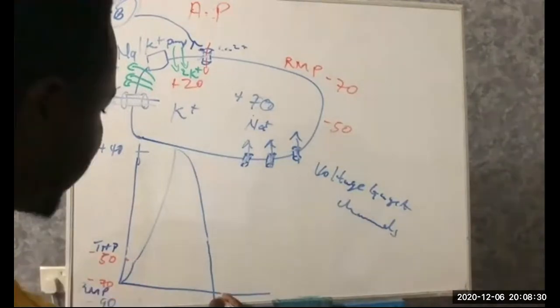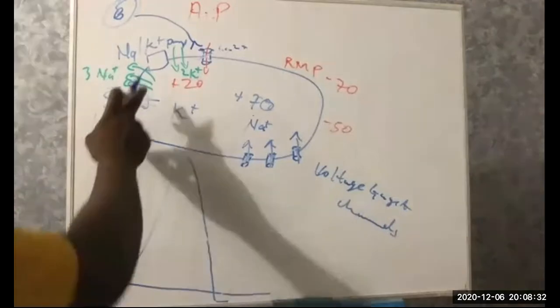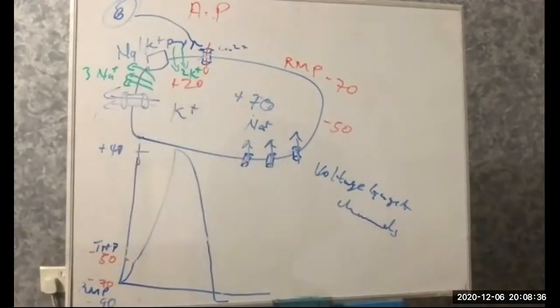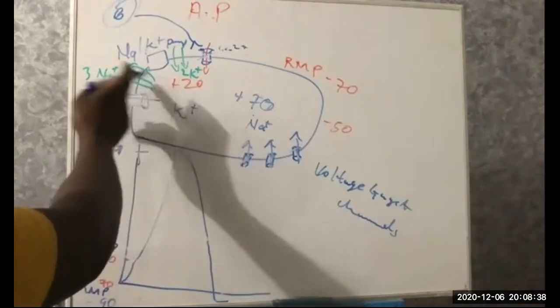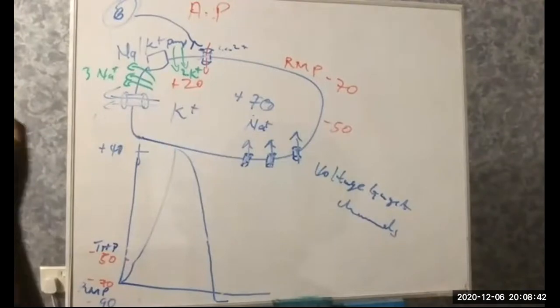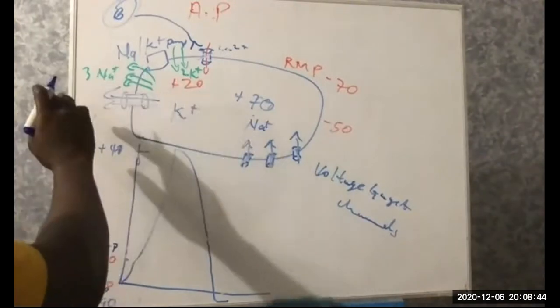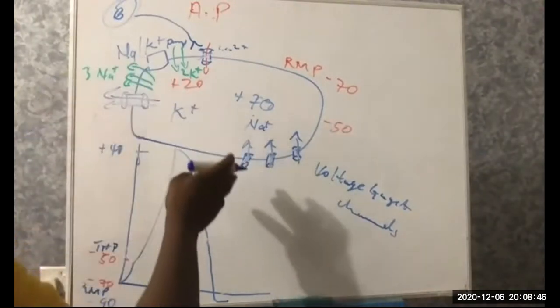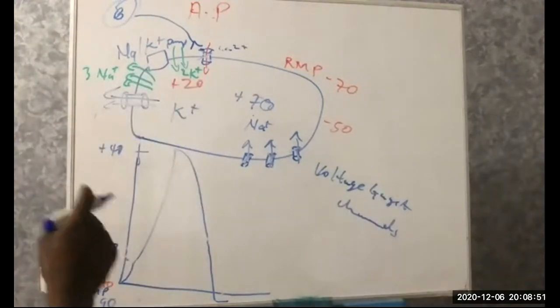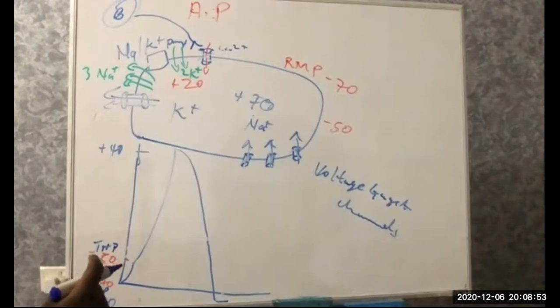Once it got to minus 90, there was activation of the sodium potassium pump, pumping 3 sodium out and 2 potassium in. So what is going to happen? More positivity will leave, and only a few positives will come in. So in actual sense, there is going to be a net loss of what?